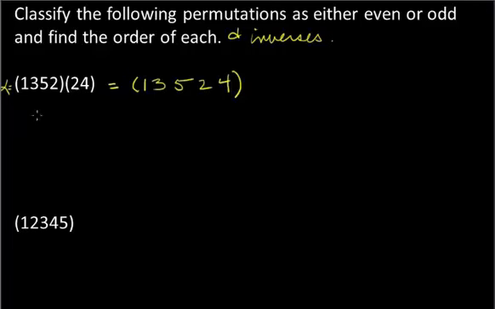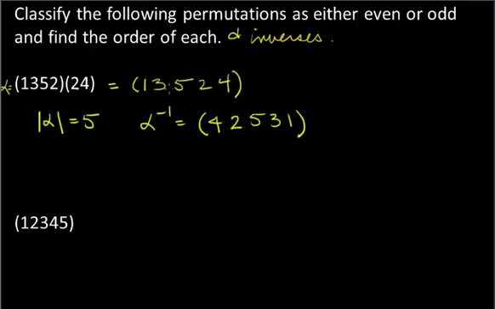So I know that the order of alpha is equal to 5. I know that alpha inverse, one way to write it is just to reverse: 4, 2, 5, 3, 1, so that the product of these two is the identity. And if I want to classify it as even or odd, I think I'll just write up here, write it as a product of transpositions.